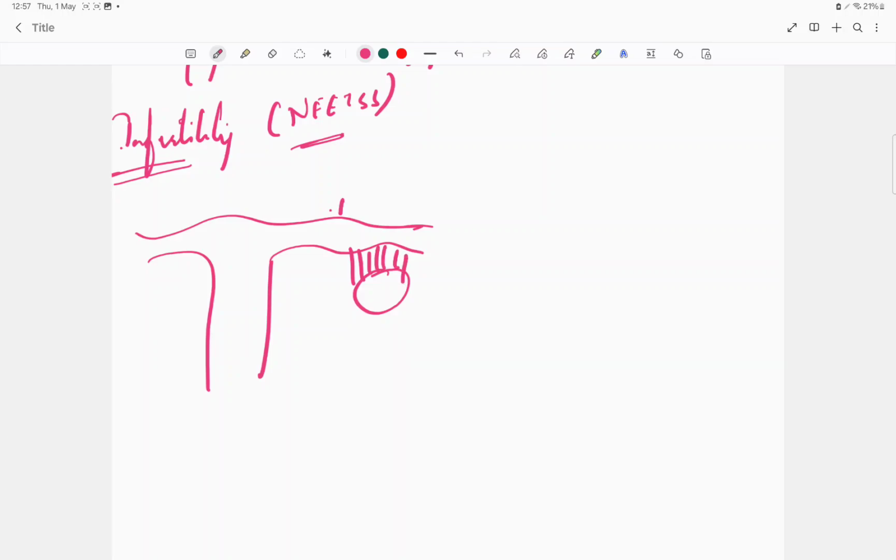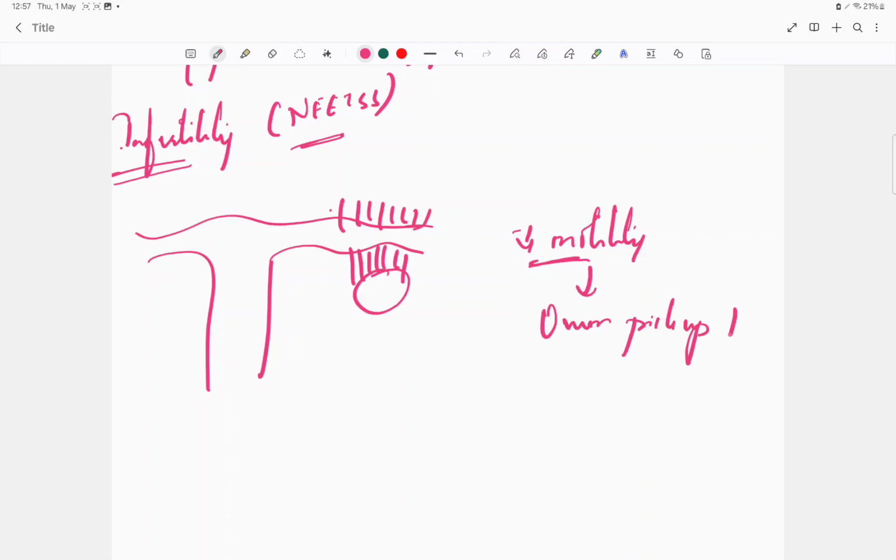Here adhesions, here adhesions, here poor adhesions will be there. Because of this, the anatomy changes, and the motility of the fallopian tube will be reduced. Because of this, the ovum pickup will be reduced.